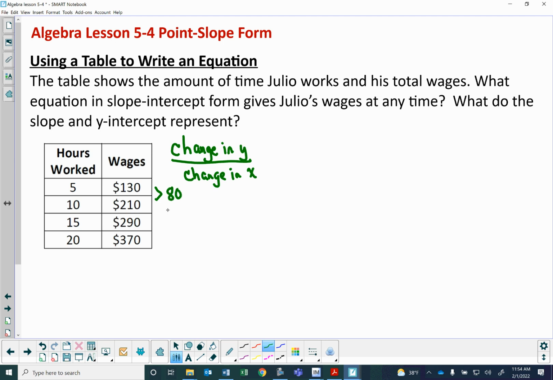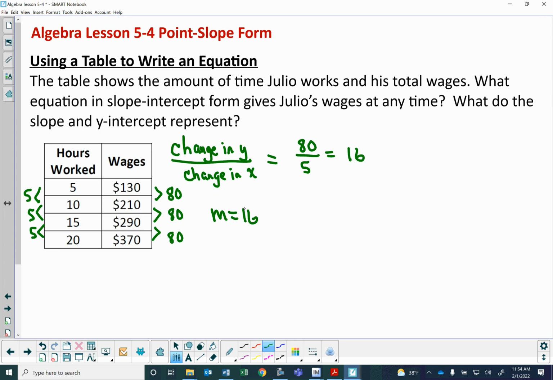So there's an $80 change here, and here, and here. Hours worked, there's a 5-hour change here, here, and here. So the change in y is 80 over the change in x, which is 5. 80 divided by 5 is 16. So the slope is equal to 16.